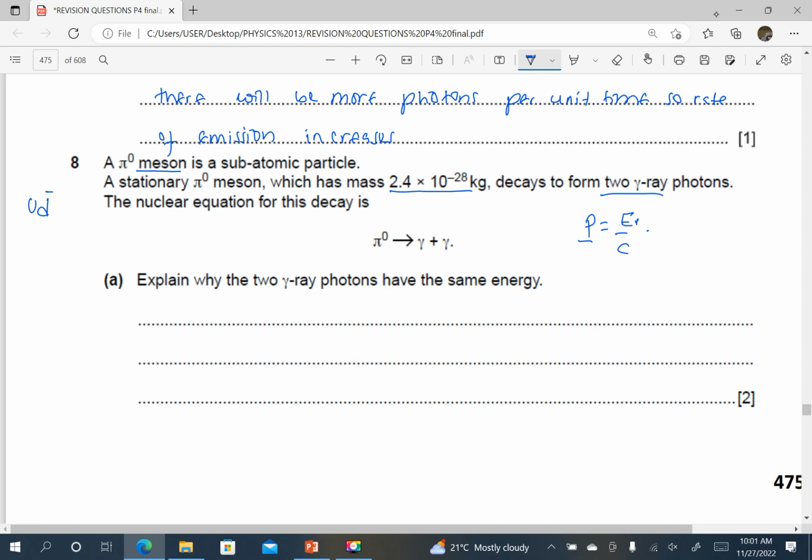So to conserve momentum, the momenta of photons are equal but opposite.